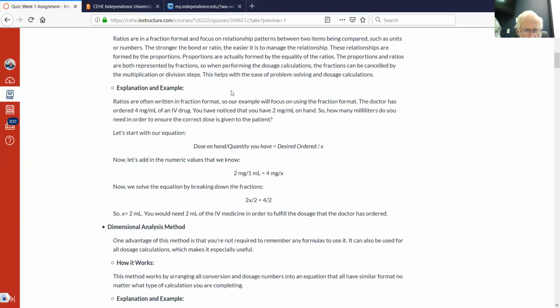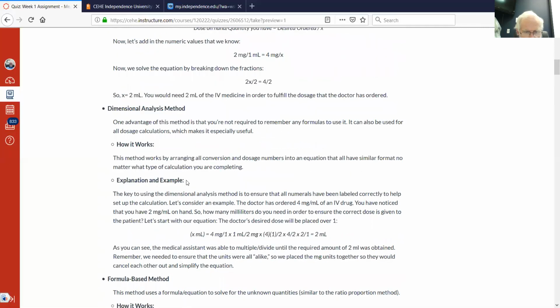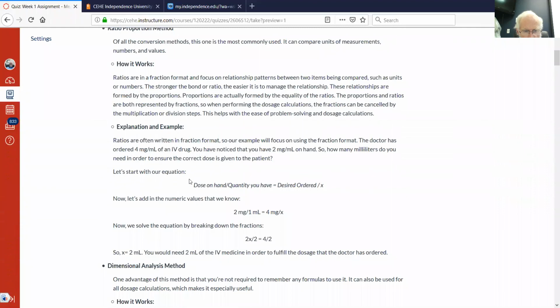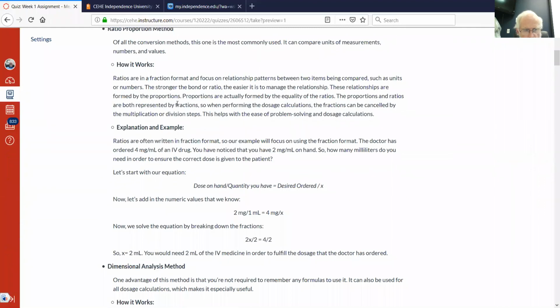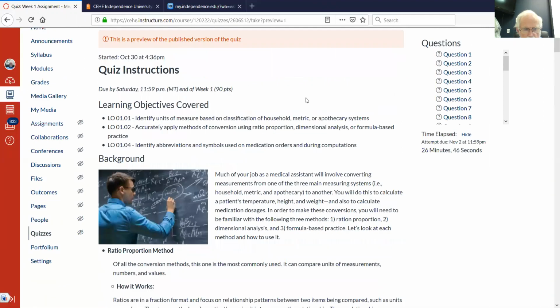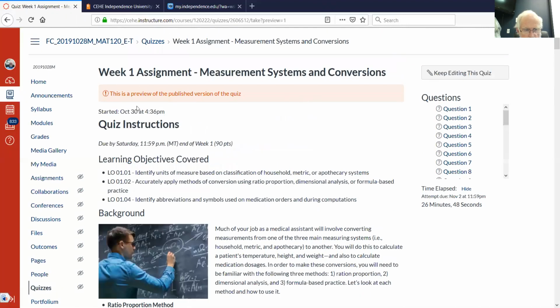For doing calculations, we create some equations, and there's lots of ways of doing this, and I'm going to be posting something in the discussions either late tonight or tomorrow that will give you some more information about calculating doses.